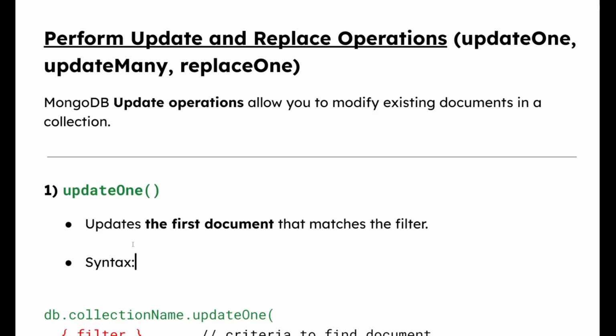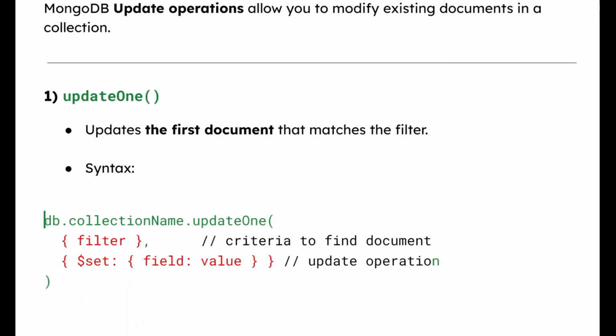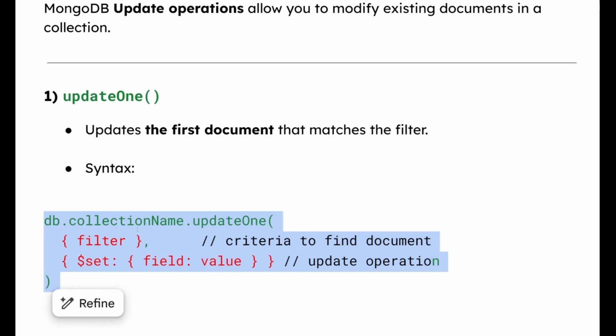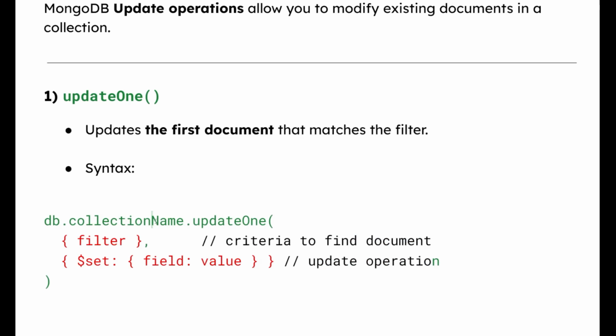For updateOne, the syntax is like this: db dot collection name, whatever the name of the collection should be, and after that updateOne, and then put the parentheses. Inside the parentheses, there should be two different curly brackets. The first one is for the filter.